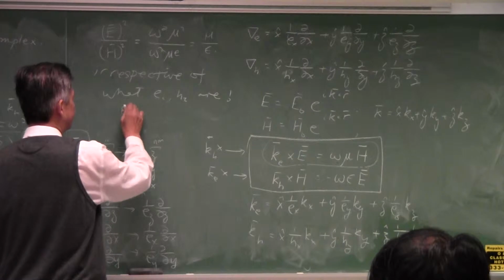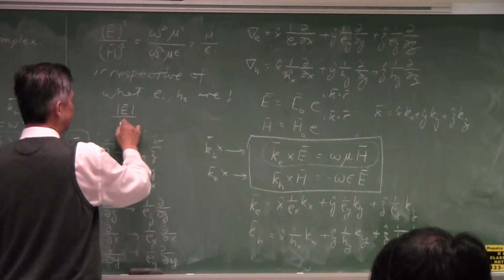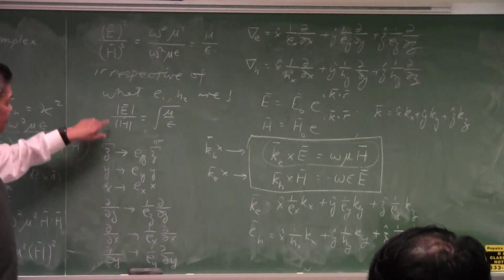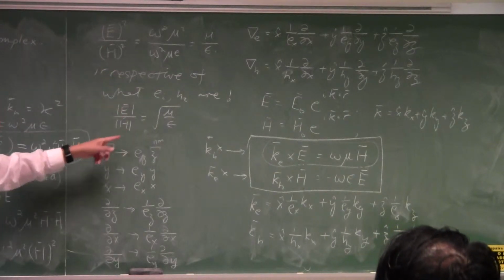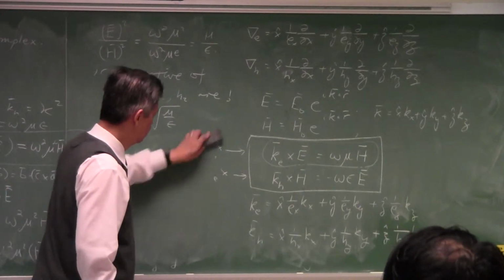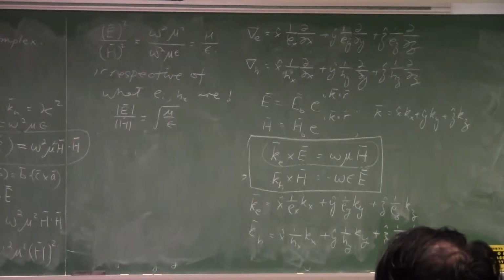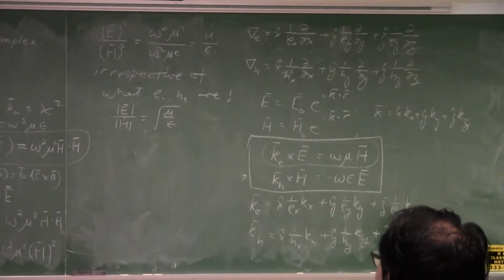If you would allow me to say this is just E magnitude over H magnitude is equal to square root of mu over epsilon. But be careful, this magnitude is defined without the complex conjugation. Just square root of E dot E. So you see a kind of a perfect matching, even if you have EI and HI being different from one. And they can be complex numbers as well, as long as they're equal to each other.